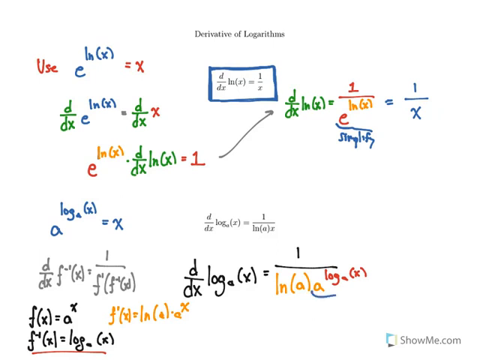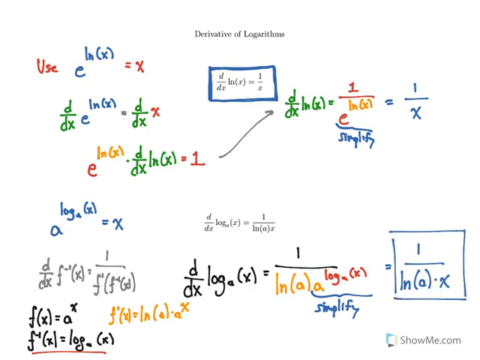And then note that we can simplify the a to the log base a of x, and we can write this all as 1 over natural log of a times x. And once again, now we have this rule, and we can just use it freely.